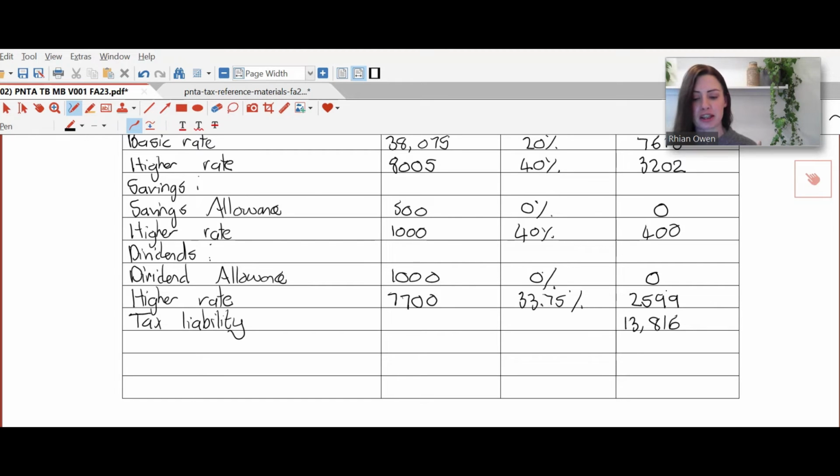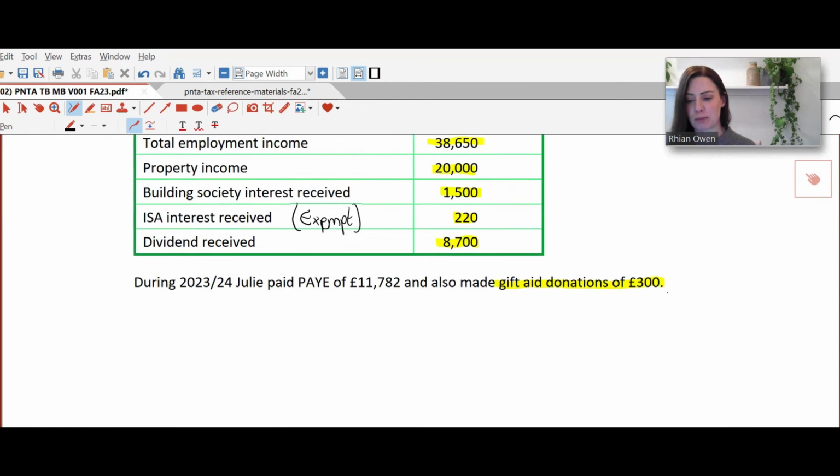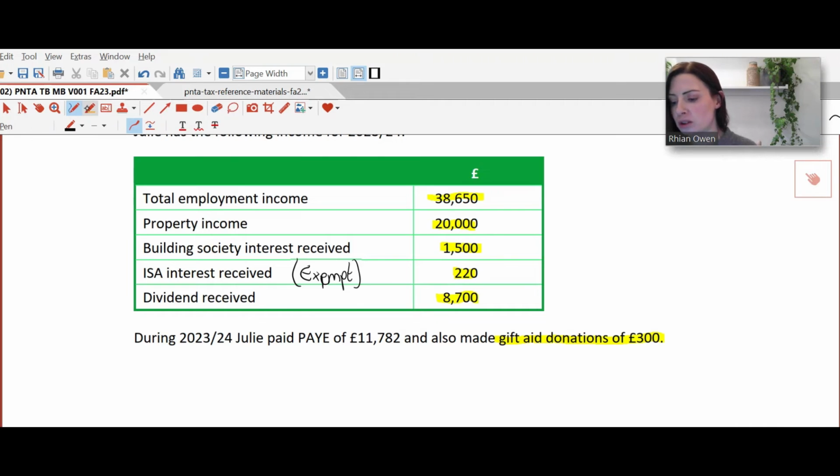That gives us that £13,816. Now from our tax liability, we've got to deduct any tax paid at source, and we're told at the beginning of the task that the pay as you earn is £11,782.